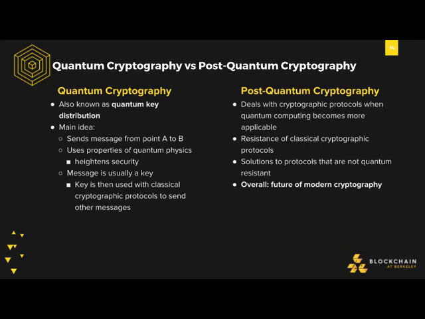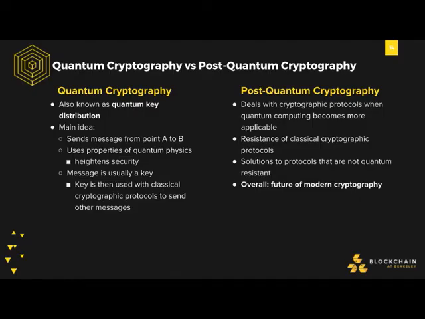Like RSA and ECDSA, what happens to these once quantum computing is out? How well do they fare, and what can be done about the protocols that are not quantum resistant, that can be broken by quantum computing? A way to think of it is that it's the future of modern cryptography as we know it.